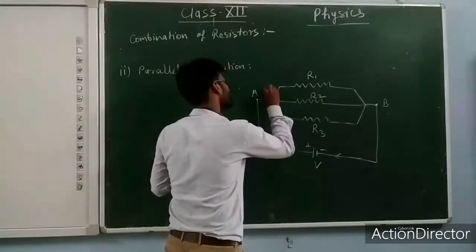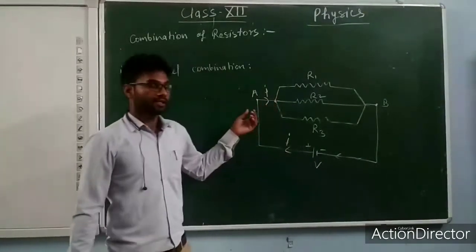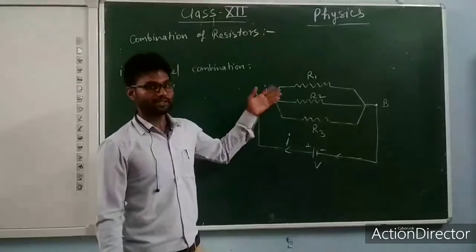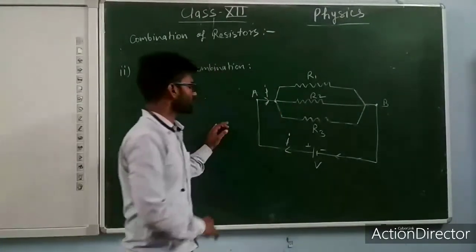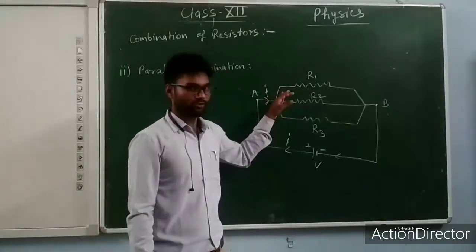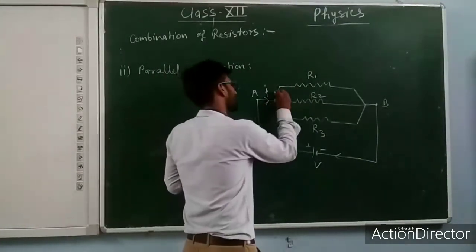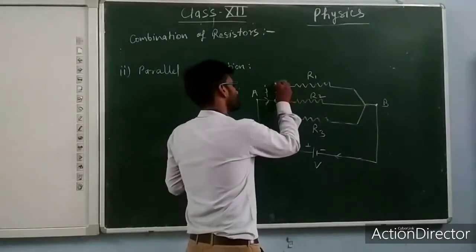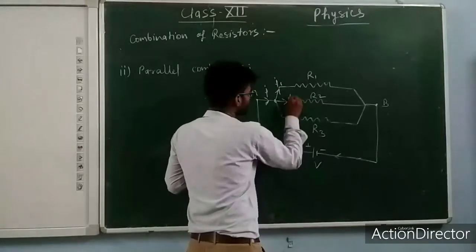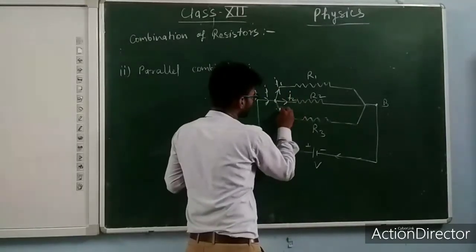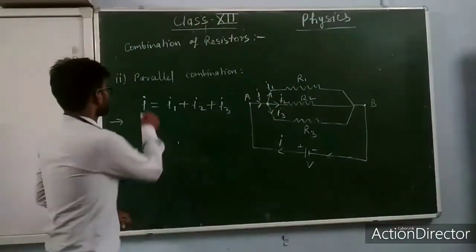Now at this particular point, when we apply the principle of conservation of charge, so if this I current is distributing through these three parts of circuit, right? So let us consider in R1 resistor the current is I1, in R2 resistor the current is I2, and in this R3 resistor the current is I3.